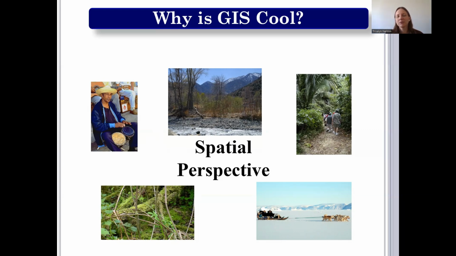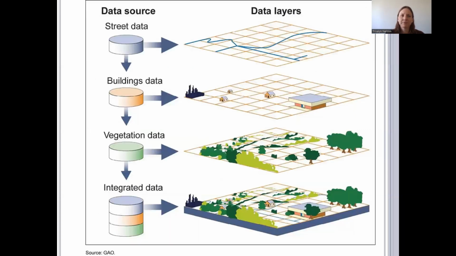And so that is really the cool thing about spatial perspectives, GIS, and spatial data science: it allows you to look at things in the context of where something is. When you can understand where something is, you have a lot of power to look at interdisciplinary things, so multiple kinds of data, as well as to be thoughtful about how that interacts with things around it.